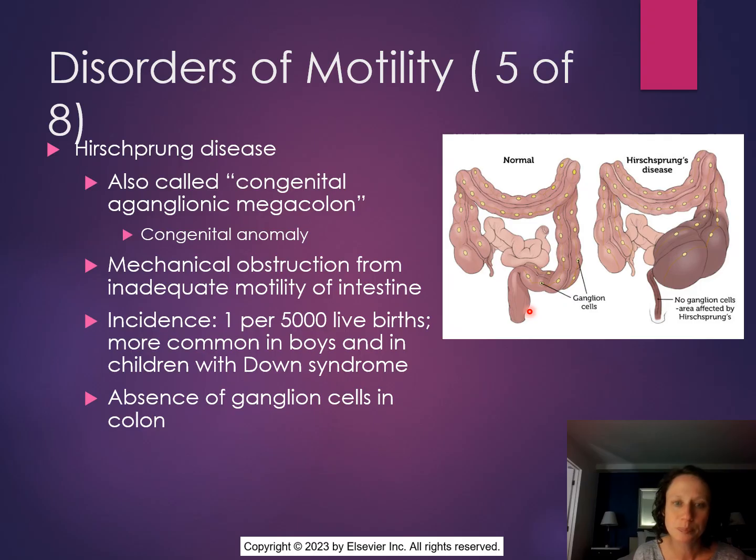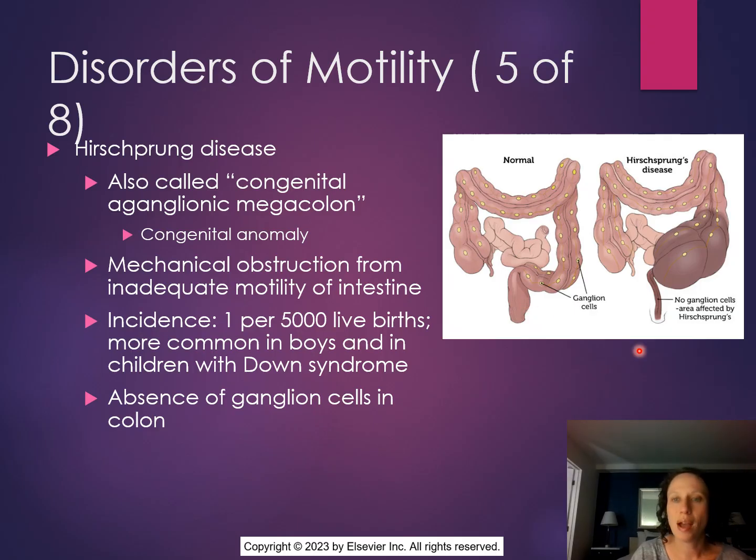That's what happens. So in Hirschsprung's disease, they have this absence of the ganglion cells in the colon, and this can cause a very inadequate motility of their intestine. So they are not able to evacuate their bowels the way you normally would.